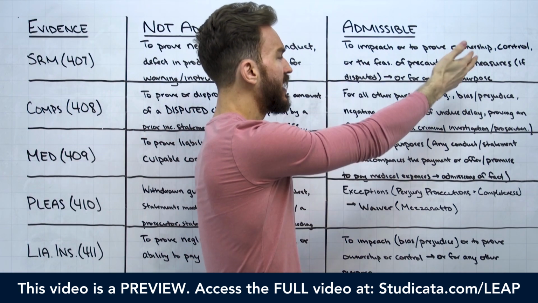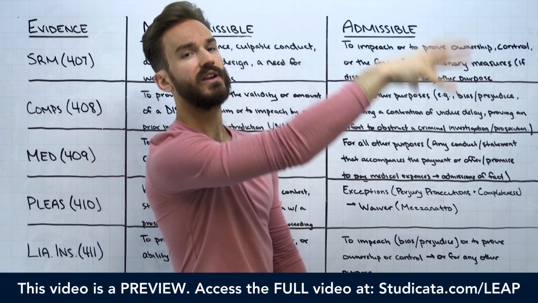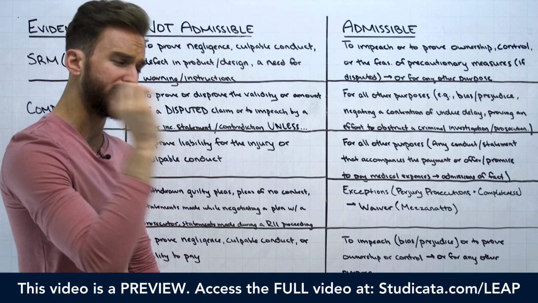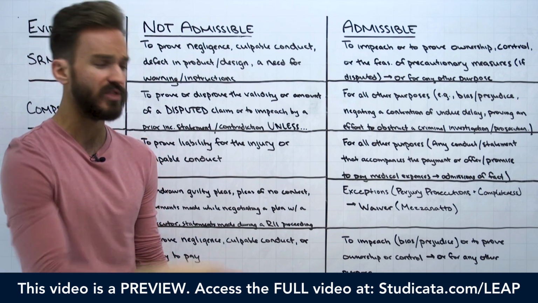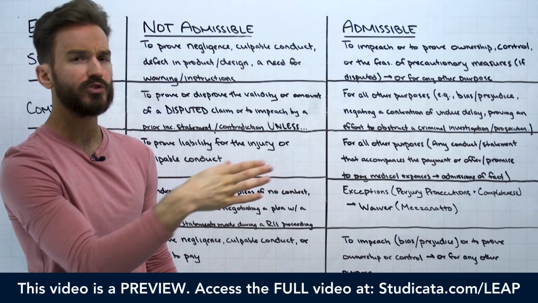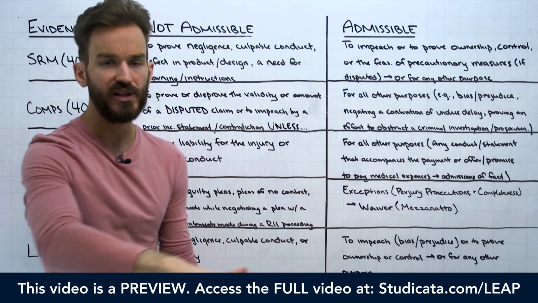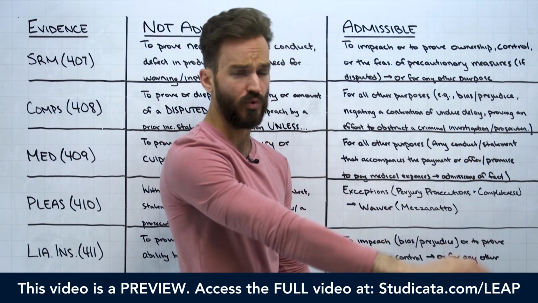Also, we have the same idea here with the feasibility of precautionary measures. Imagine that the defendant gets up there and says, look, there was no way we could have put cones up or put this warning sign up. There was no space on the highway, right? The construction project was so close to the traffic, whatever. It was completely not feasible for us to put up these cones or warning signs.